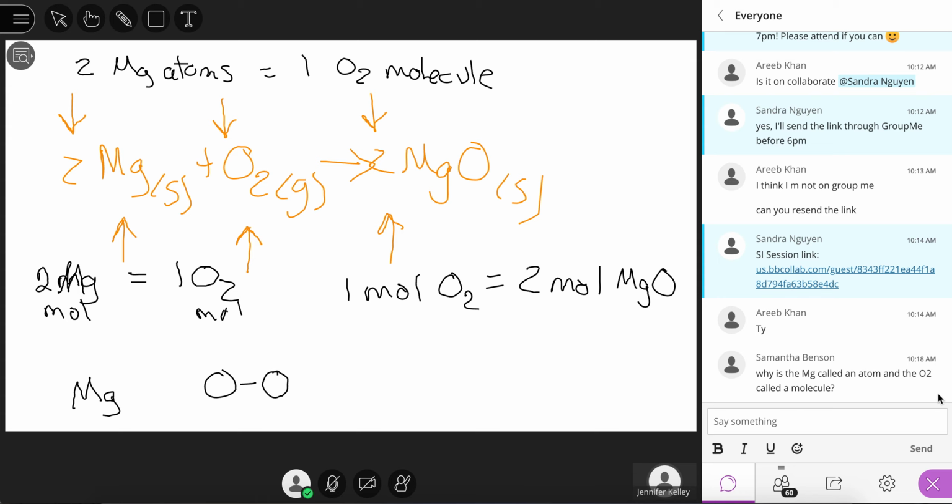And so here we're saying that there are two things, two atoms. So we will call that a molecule because they're stuck together. And then this one is called a formula unit because it's ionic. It basically means the same thing as molecule, except when you use the word formula unit, you're saying that whatever it is, it's ionic.